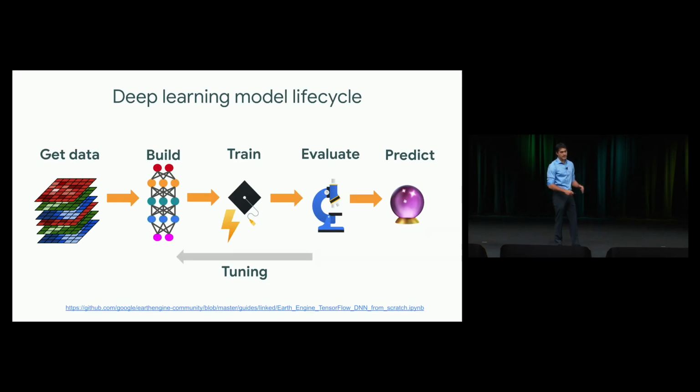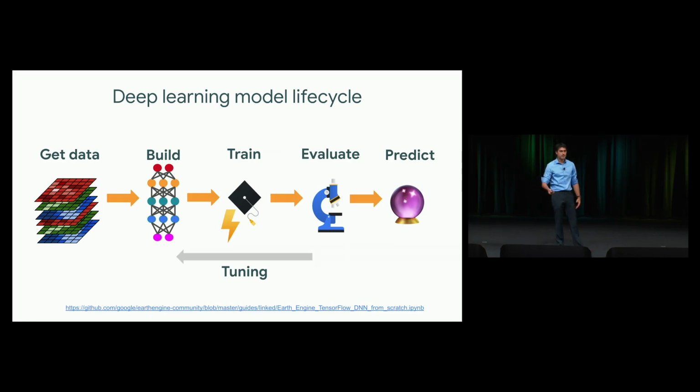So before I go over all of that, let me just talk about the life cycle of a deep learning model. So you have to get all your data, those large stacks of hard drives essentially, that you need to get first. Then you have to architect the model that you want to work with. And then you train it and evaluate.